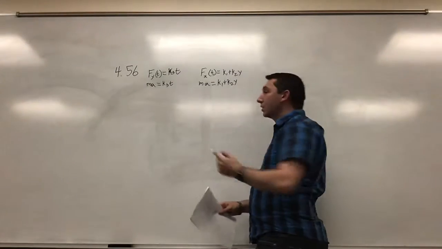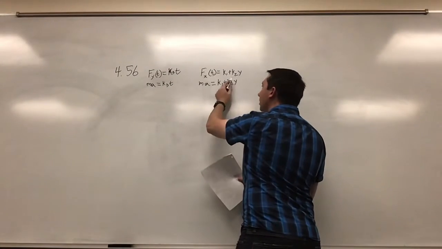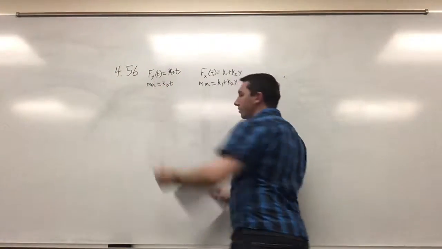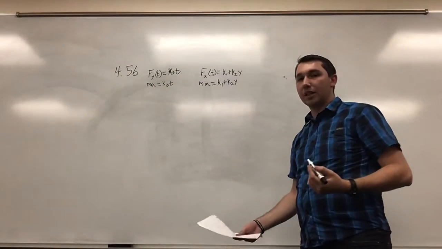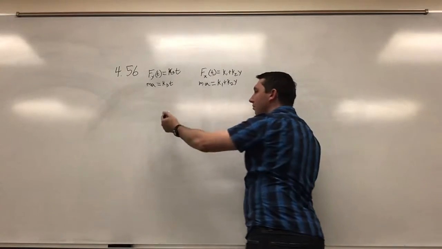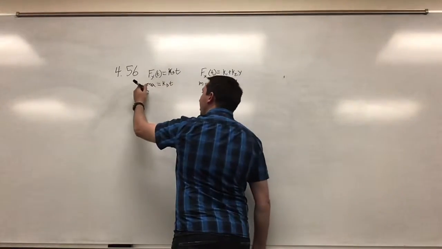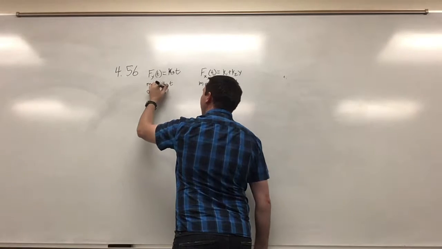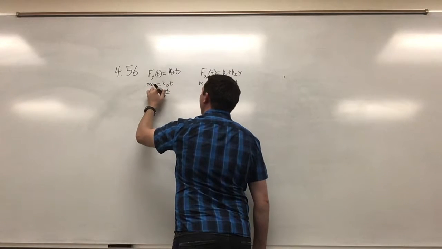From the beginning we can see that this function is dependent on the position of this function with respect to time. So we're going to solve this one first. We need to isolate for the acceleration, so that's k3 times time divided by m.